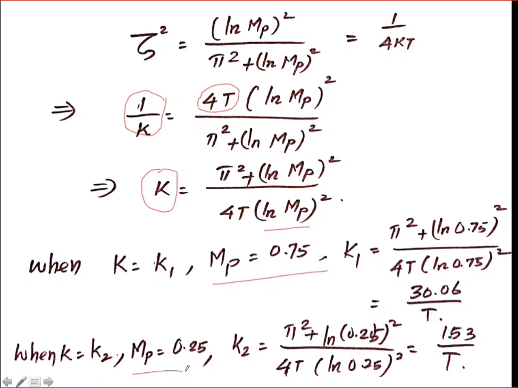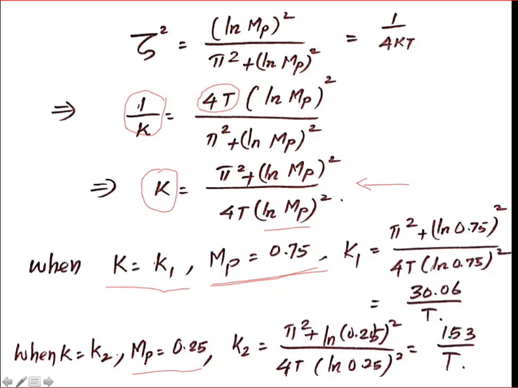So simply you are going to substitute the values 0.75 and 0.25 in this equation to find out k1 and k2. First we are going to substitute k equal to k1 when peak overshoot is 0.75. When you substitute 0.75 in this equation, you will get k1 is equal to pi square plus natural logarithm of 0.75 the whole square, divided by 4T into natural logarithm of 0.75 the whole square.